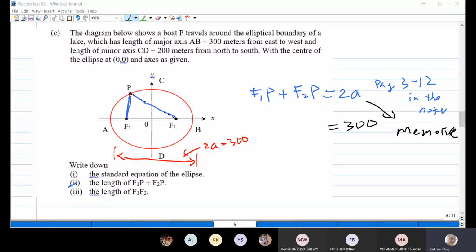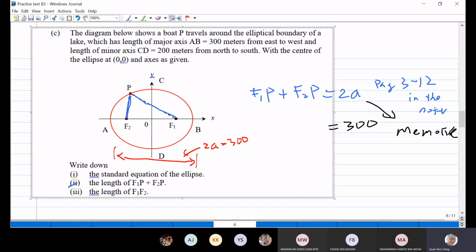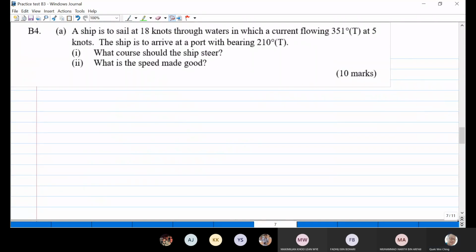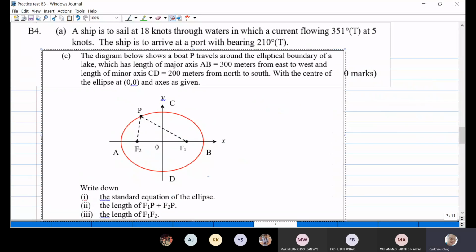All right, then the third part, one part, one question here. So edit, select 2 again. I'm going to answer part C now. Part C, what is it all about?